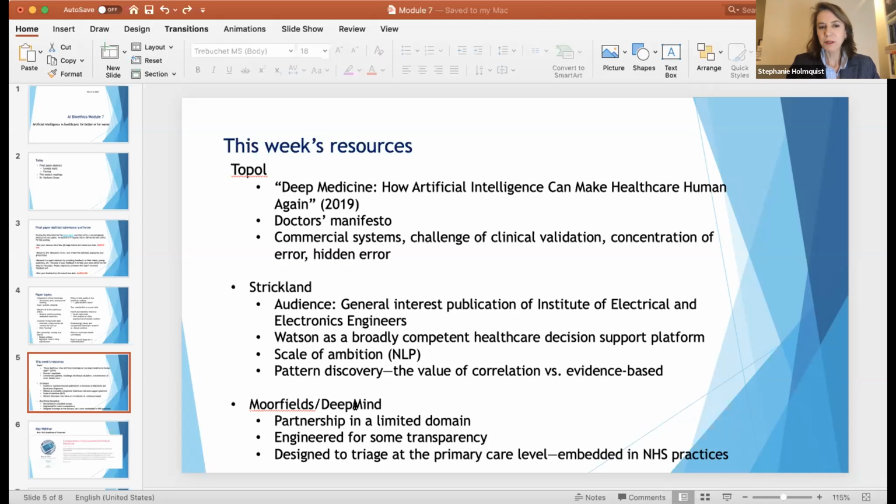Finally, the Moorfields DeepMind readings that you did, I put those in there, one, because this is a nice example of success in an AI application. It's a good contrast with the Watson experience. So it was much less ambitious, much more narrow, much more focused on embedding itself well in the NHS environment.